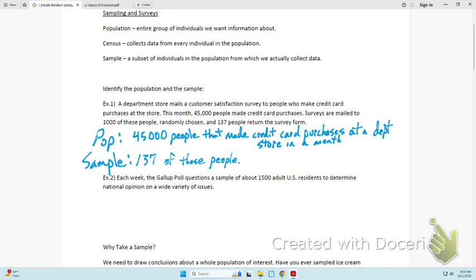On number 2, population and sample. This one is a little bit less to write. This is all adult U.S. residents.